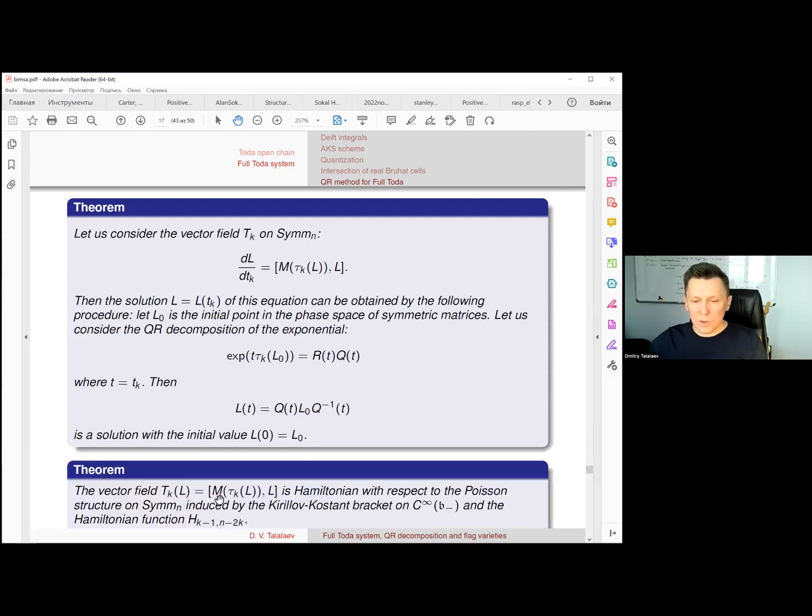And it can be demonstrated that this flow is a Hamiltonian vector flow with respect to the Poisson structure, introduced by the Kirillov constant bracket on B minus, which is the initial Poisson structure of the Toda system, and the Hamiltonian function, this one, which is one of the Hamiltonians of the Toda family.